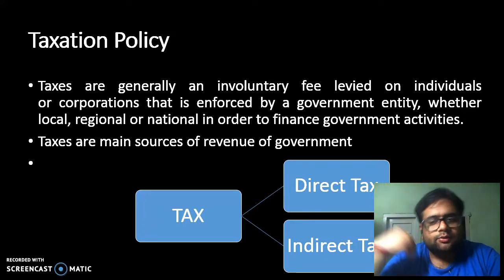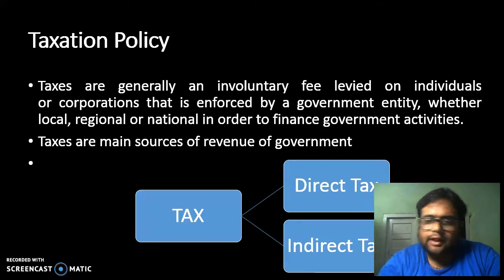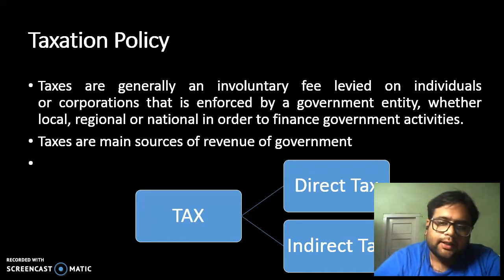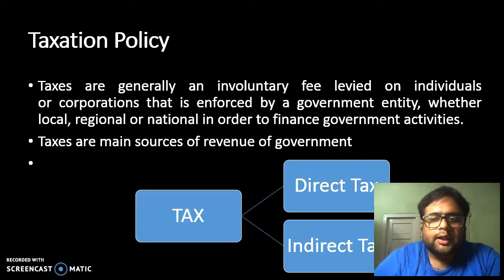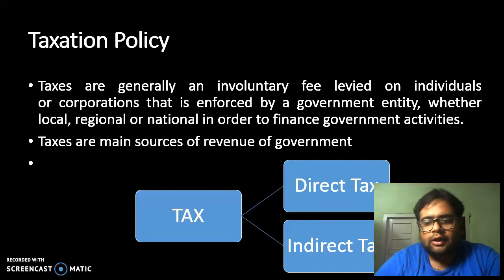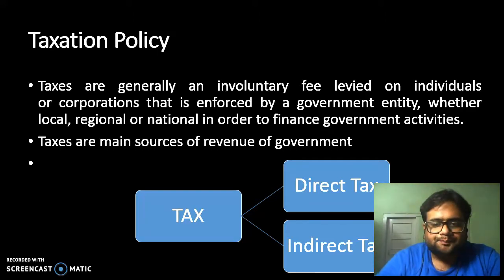I am paying that tax to the owner of the restaurant, and that owner is in turn paying that tax to the ultimate government authority. So service tax is an example of indirect tax. I believe you got a basic idea of what direct taxes and indirect taxes are. Direct taxes are paid directly by the assessee only. Indirect taxes are not paid by the assessee directly, but are paid through a channel of various assessees in the loop. The best examples are income tax for direct tax and service tax for indirect tax.